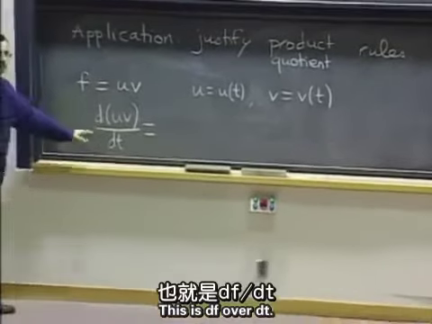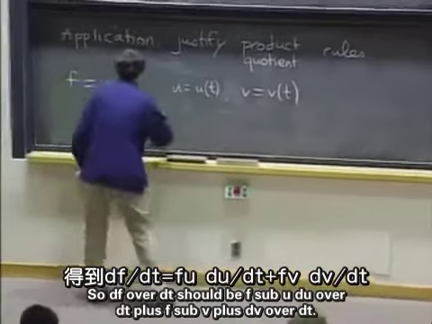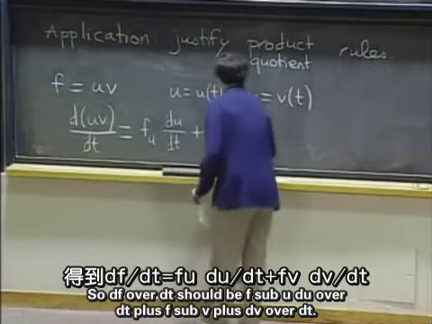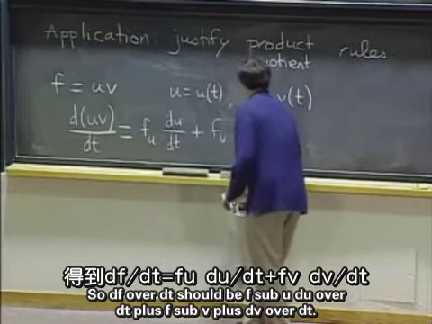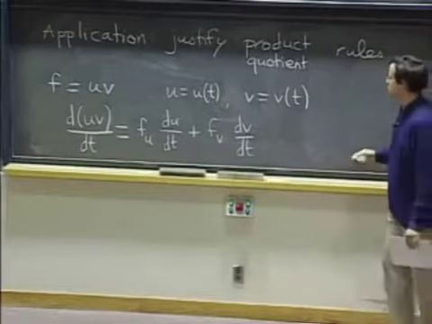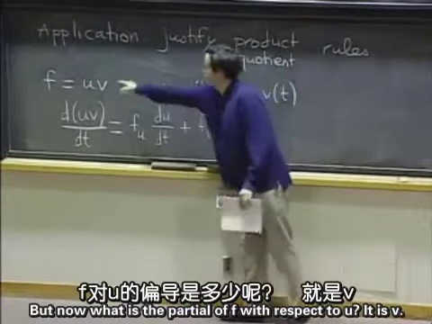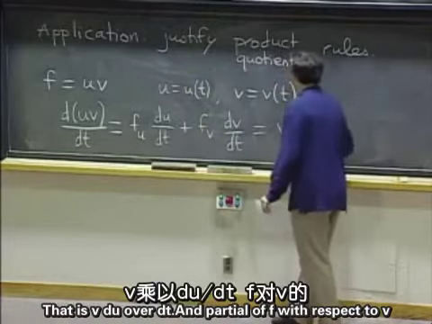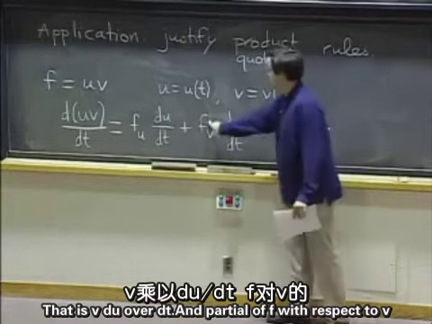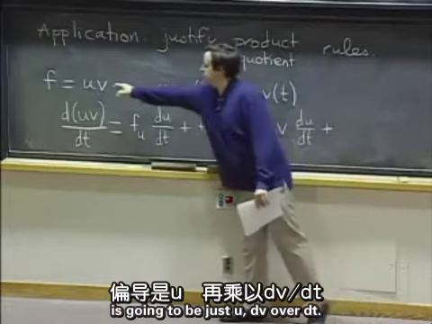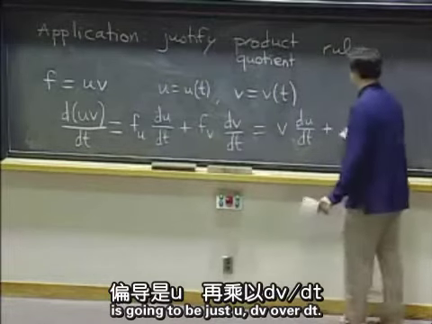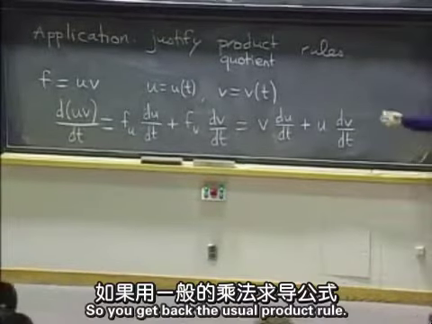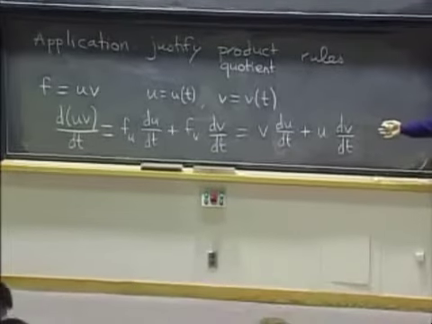So df dt should be f sub u du dt plus f sub v times dv dt. Now, what is the partial of f with respect to u? It's v. So that's v du dt, and the partial of f with respect to v is just u.